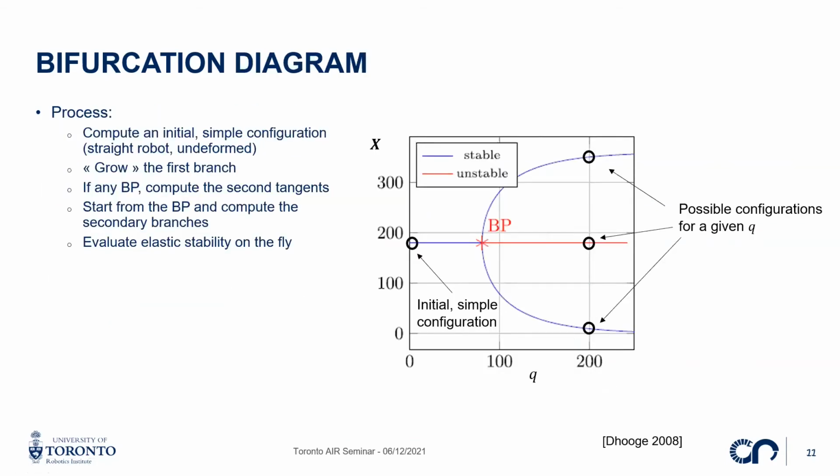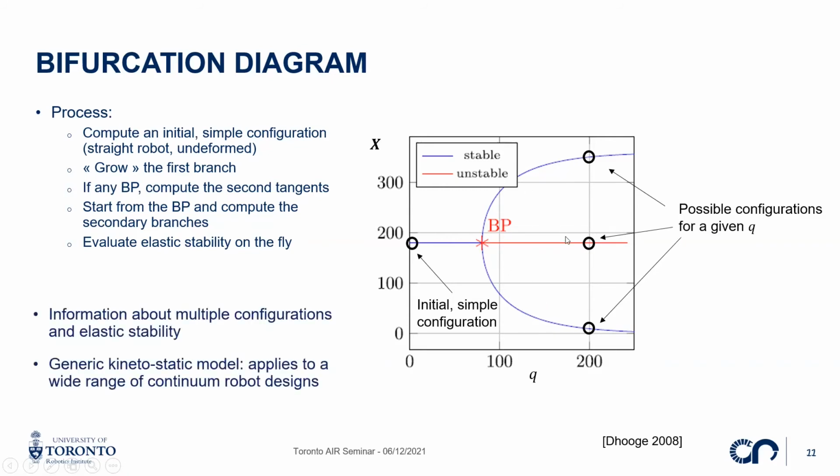So finally, the goal of this whole numerical framework is to compute these bifurcation diagrams. We start from an initial simple configuration of the robot, for example a robot which is completely straight, not deformed. Then we grow this diagram from this configuration, computing, in this particular case, the first branch, which is completely straight and horizontal, detecting any appearance of a second branch of solutions, so any branch point here. Then from this branch point, we compute the second branch and grow it as well.